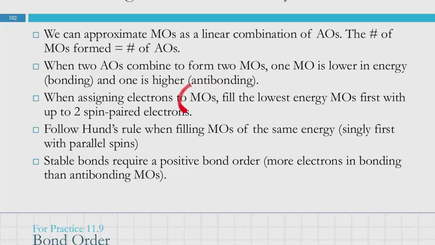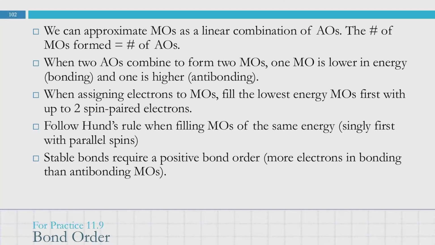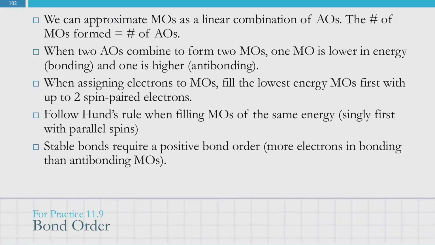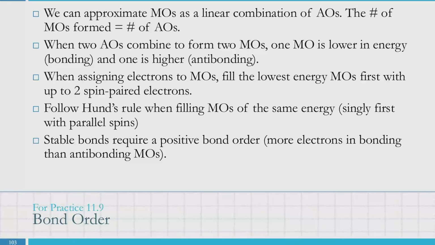When we assign electrons to our molecular orbitals, we fill them from lowest energy to higher energy, spin pairing them as we build up. We are going to follow Hund's rule if we have got molecular orbitals of the same energy.